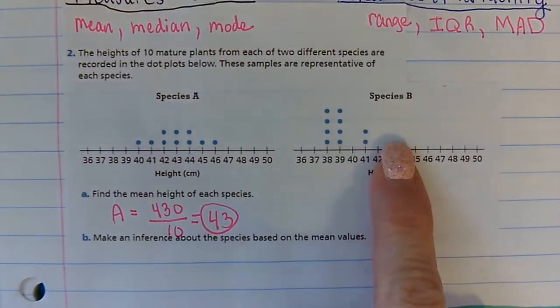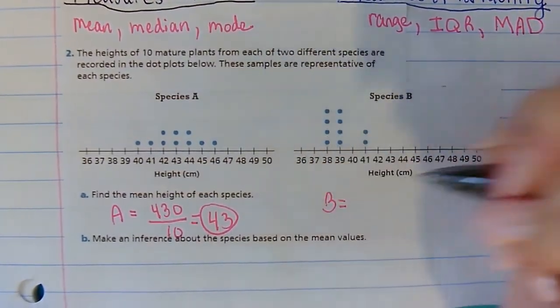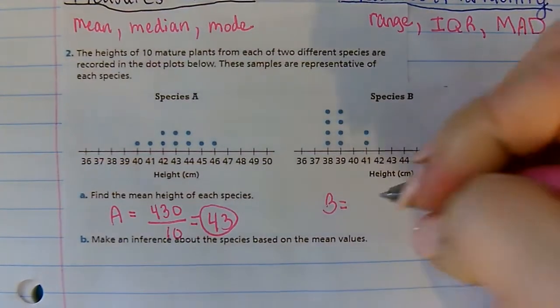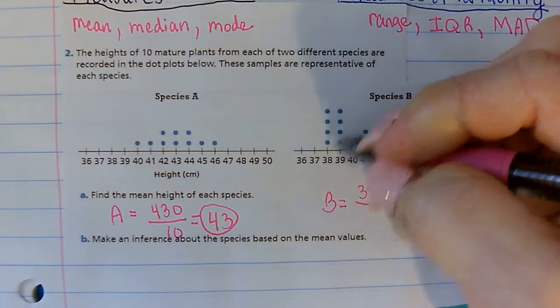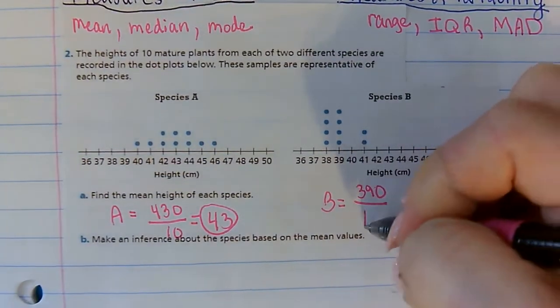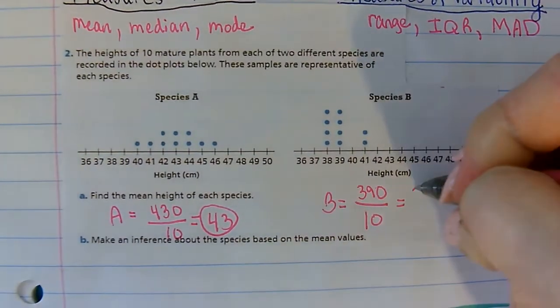Now let's find the mean of species B. If you add all these up, you get 390. And you count the number of dots, you also have 10. When you divide this, you get 39.